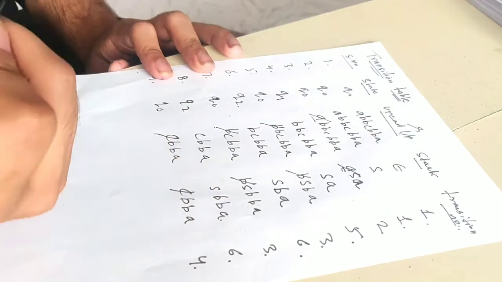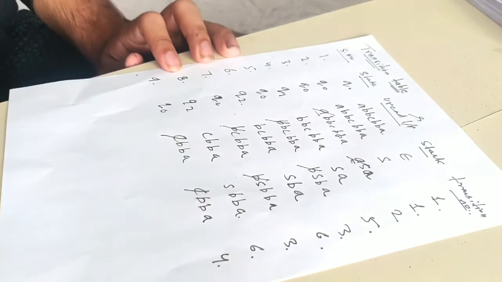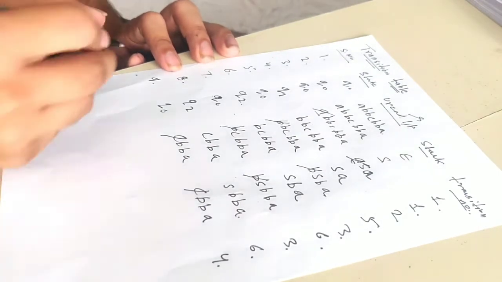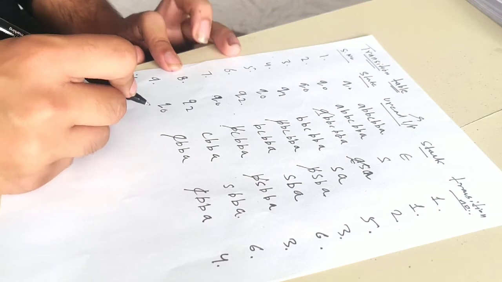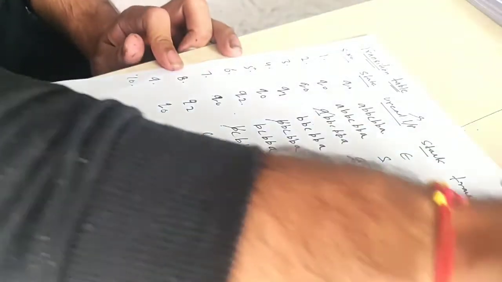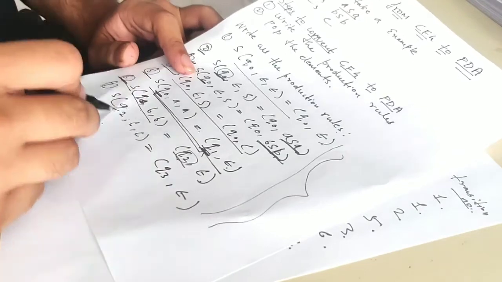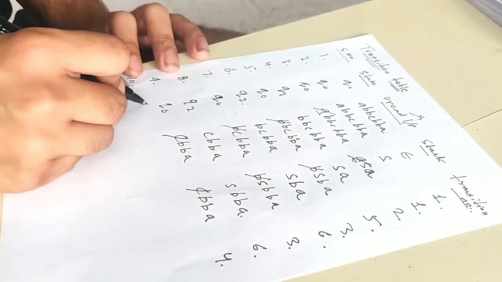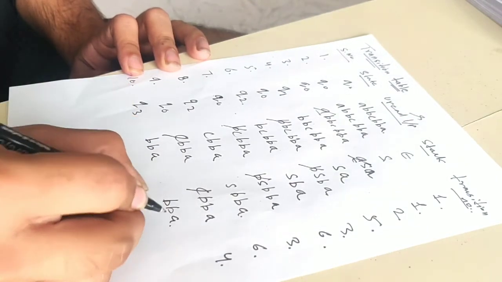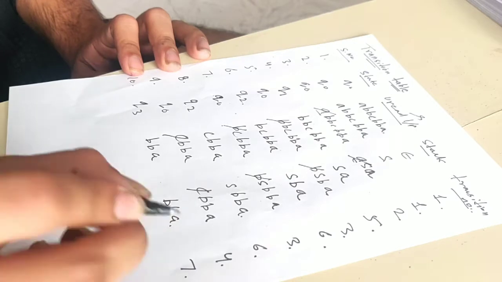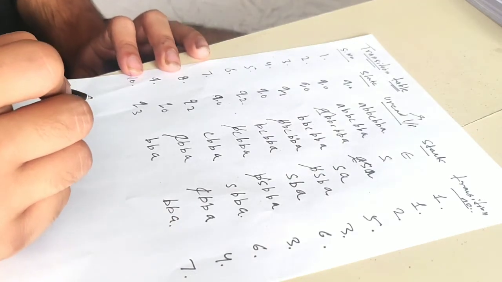Again we are popping it. Same element, so we are popping it. For popping C, the state goes from Q0 to Q3, BBA, BBA, and the transition number goes from 4 to 7.